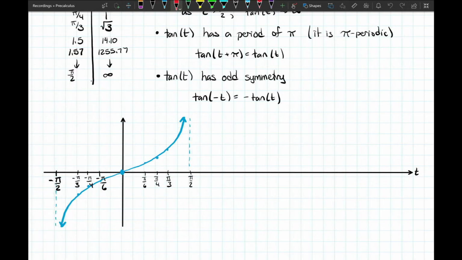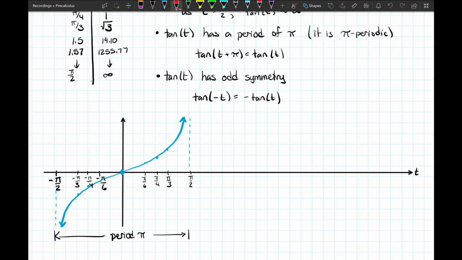Now the good news is that this will actually give us a full period of pi to work with. From negative pi over 2 to positive pi over 2, that is a total distance of one period of tangent. And because it has a repetition, we already know what that repetition looks like.